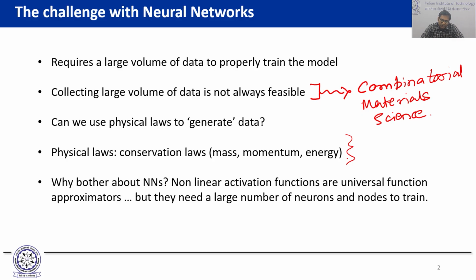And then, of course, why is our fascination with neural networks so much that instead of looking at other physics-informed machine learning programs, we are looking at only the physics-informed neural networks? That really comes from how we are using the activation functions with the neural networks, as you have already seen in the earlier lectures of this course, where you will be using some kind of a highly nonlinear activation function.